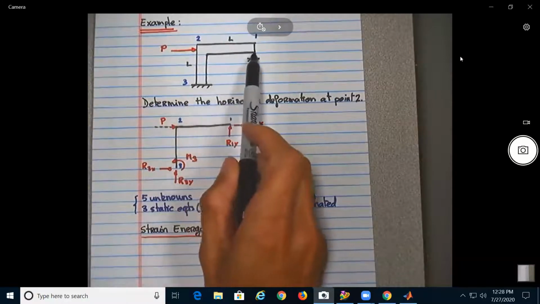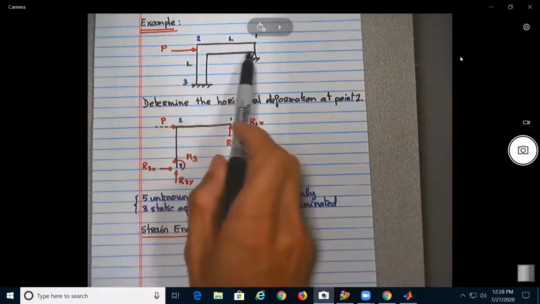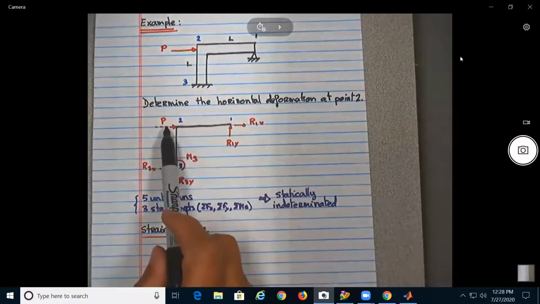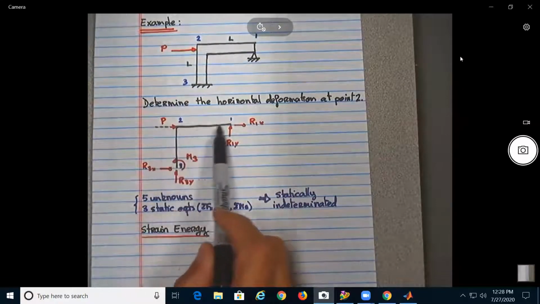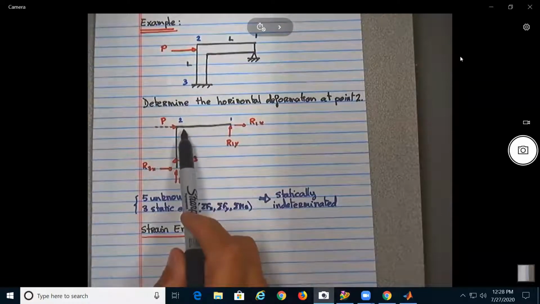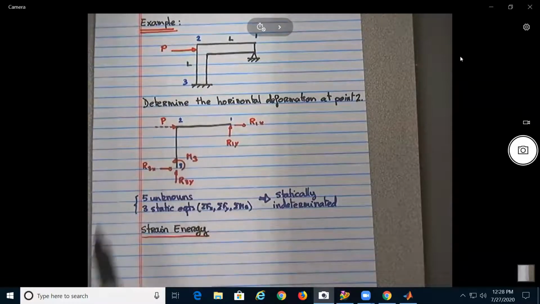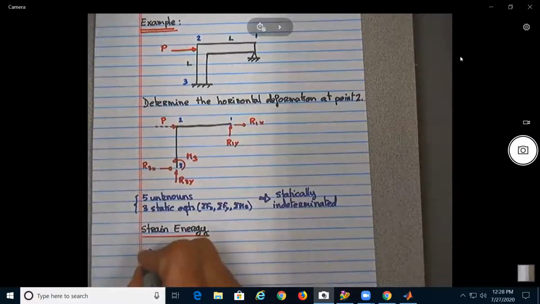One, let's look at beam 1, 2. When the beam 1, 2 is subjected to the force P, what type of loading will be carried by beam 1, 2? It will be an axial loading, no? Okay, so what is the axial strain energy?